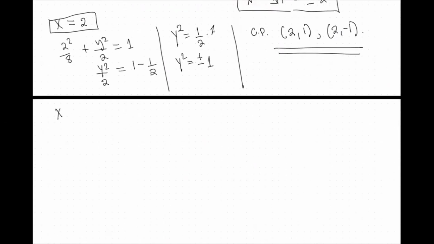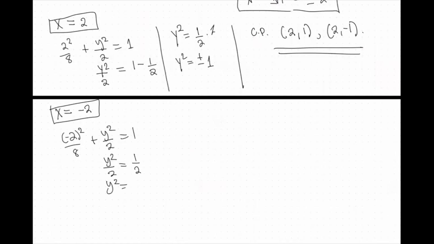Now, what about when x is equal to negative 2? In the same manner, we get negative 2 squared over 8 plus y squared over 2 is equal to 1. Notice that they are the same, so y squared over 2 is just 1/2. And then y squared here is just 1, and then y is equal to positive and negative 1.